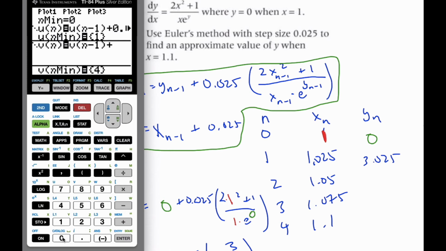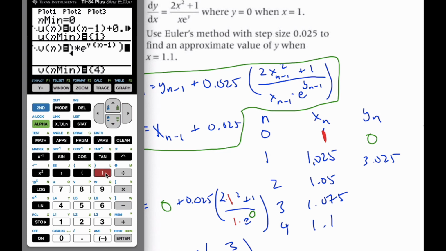So then I have 0.025 is my step, times 2, open parenthesis with a bracket, 2 times x n minus 1 squared plus 1, close parenthesis, divided by open parenthesis, again, it's going to be x value, n minus 1, times e to the y value of n minus 1.